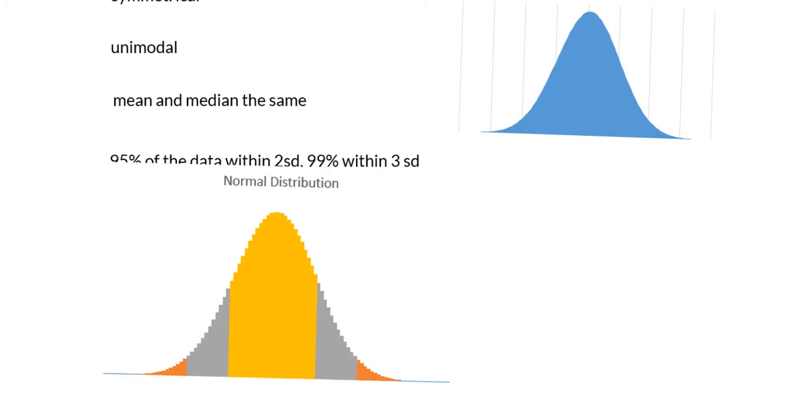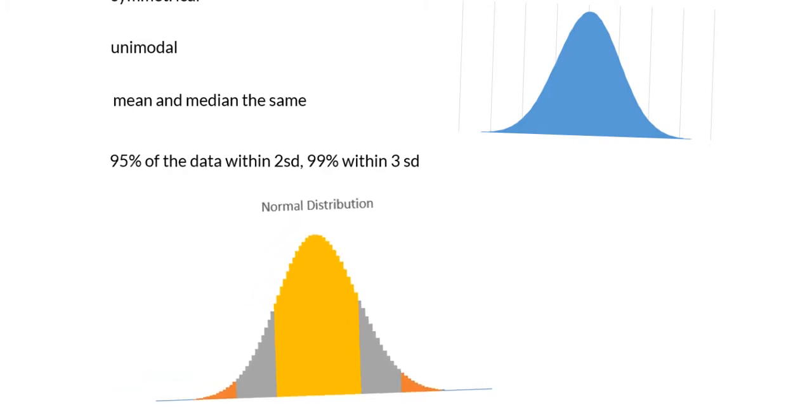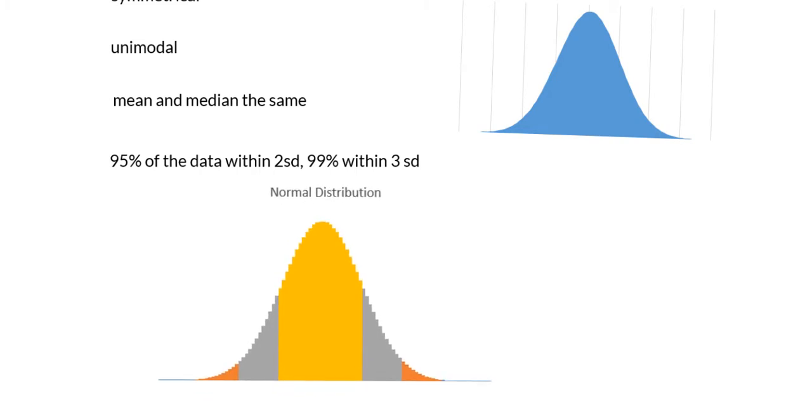The brown is between 2 and 3, and then the blue on the outside is more than 3 standard deviations. And you see hardly anything is more than 3 standard deviations away. Not very much is more than 2, and almost all of it, or a large proportion of it, is within 1 standard deviation. That's one of the ways that we can tell that something is normally distributed.